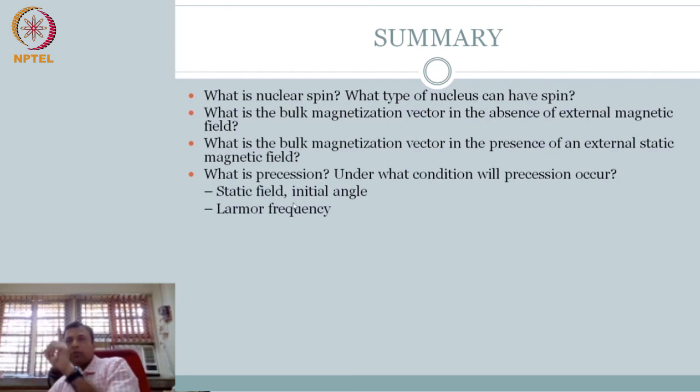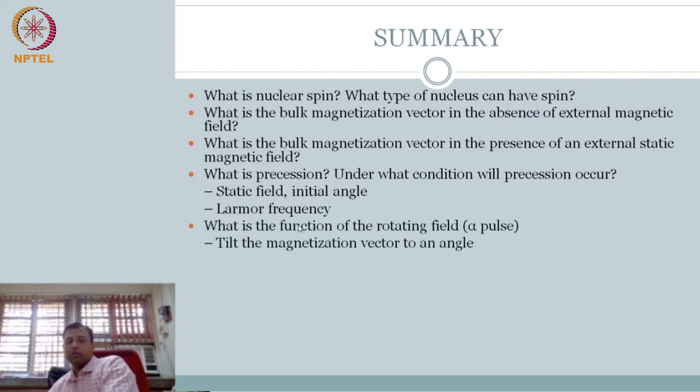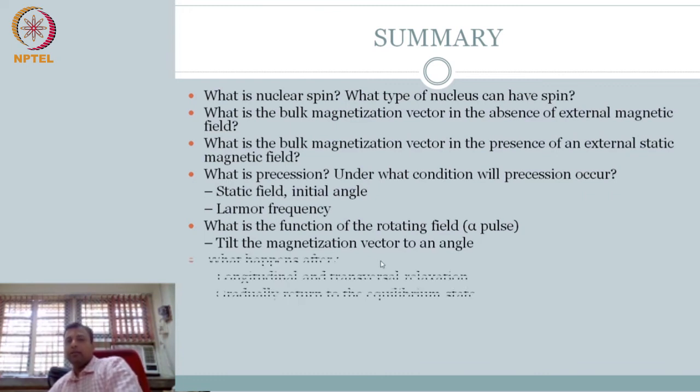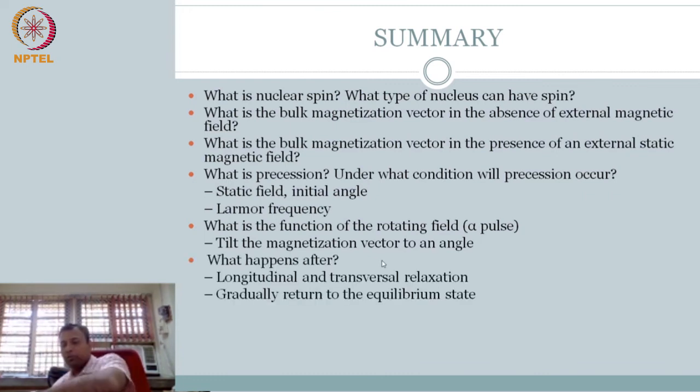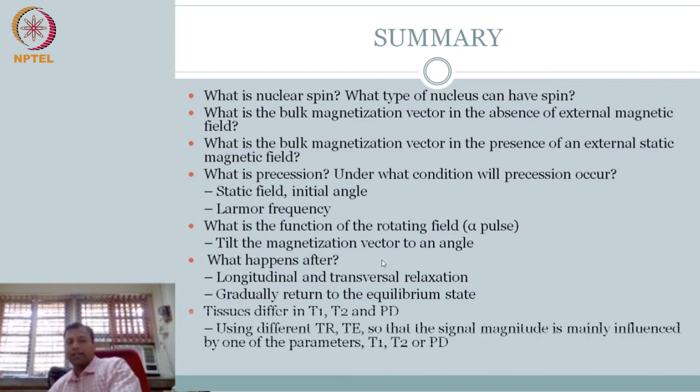Then we introduced applying another field, pushing it to the floor: the alpha pulse, the rotating field, and tip angle. After excitation, we talked about the two relaxation processes. After relaxation, we talked about contrast mechanisms: how you get different contrast exploiting T1, T2 and PD using time to repeat and time to echo.